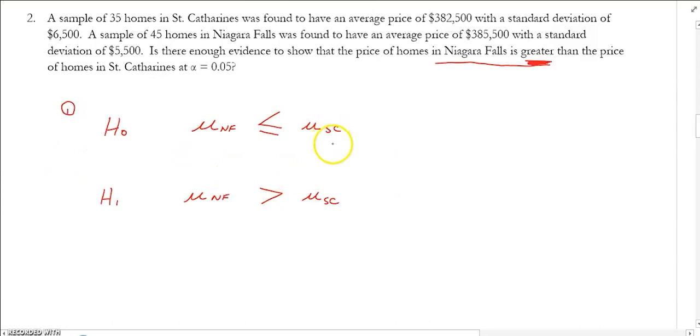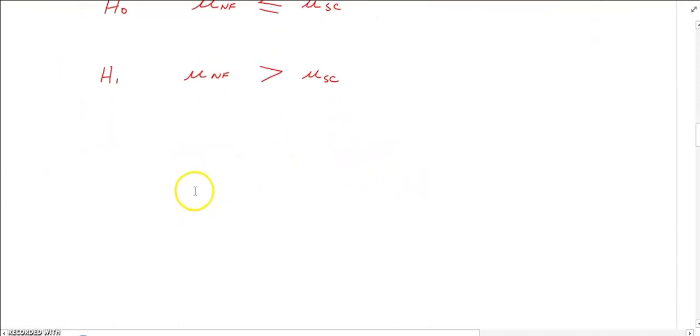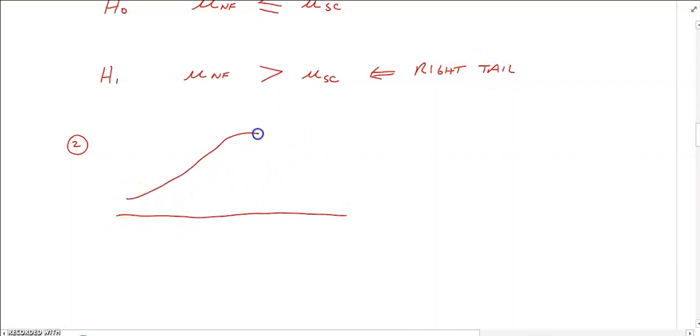Second step, we're going to look at the critical values. And so you can see in this case that since direction is shown, this is going to be a right tail, greater than, a right tail. It's pointing to the right. And so our normal curve looks like this, with a right tail and the mean, of course, in the center once again.